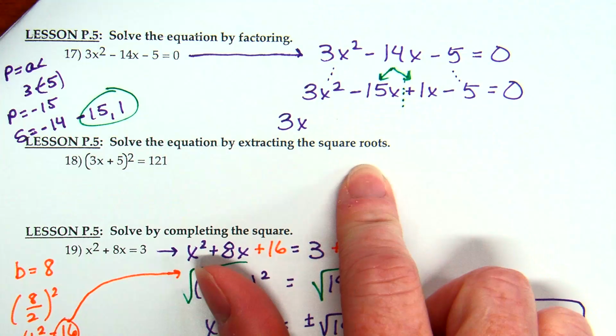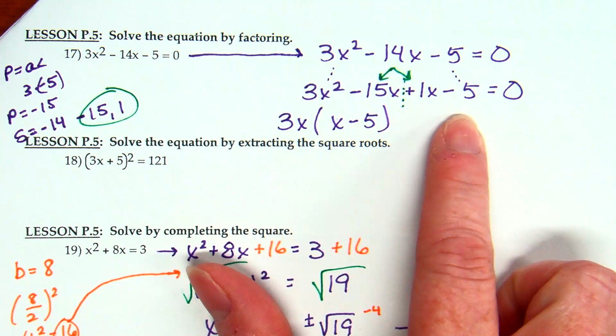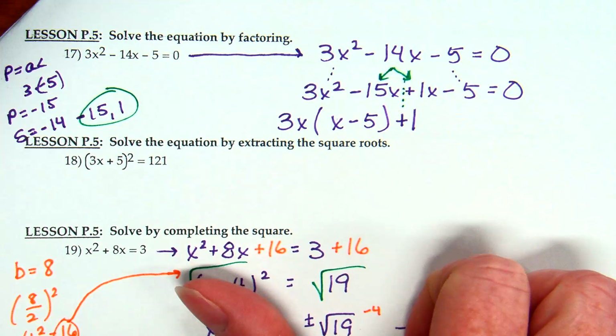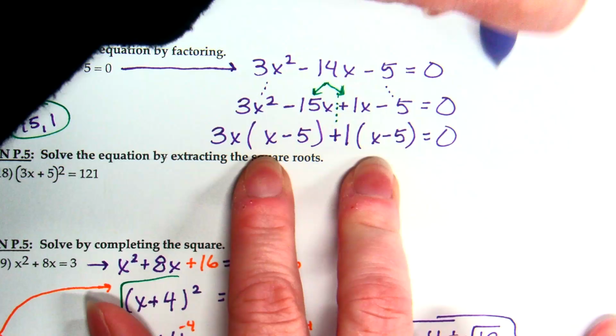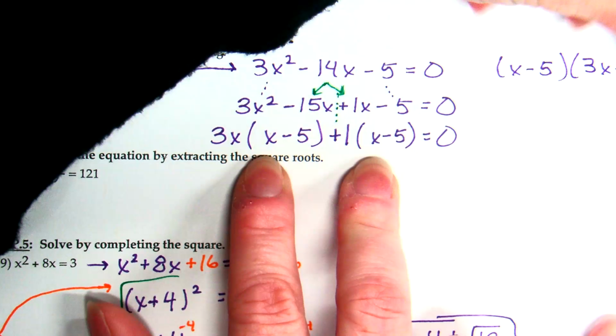So I'm going to put plus 1. And then it's x minus 5. 2 parentheses here, right? The x minus 5 in common, and the GCFs of 3x plus 1. And from there, it's set each part equal to 0, isn't it? Is that what you need to see, Jacob? Yeah. I don't think it's this final part you guys really needed to see.